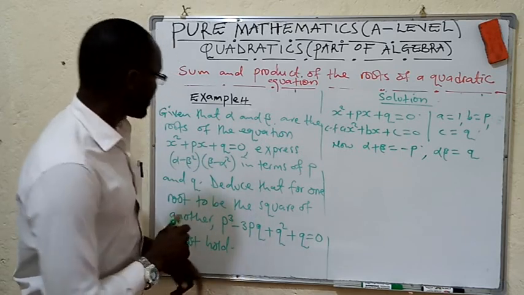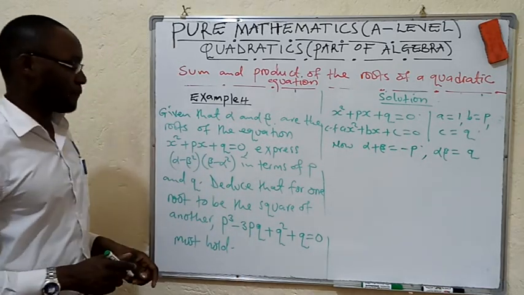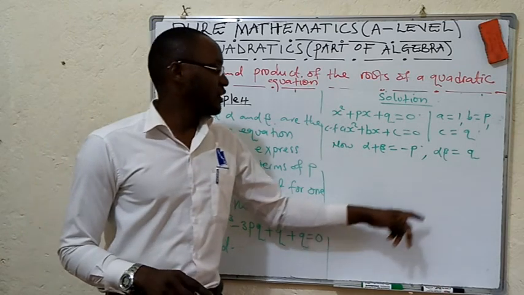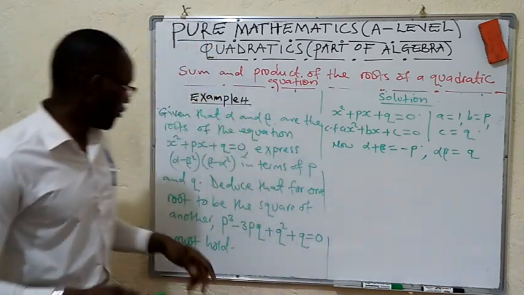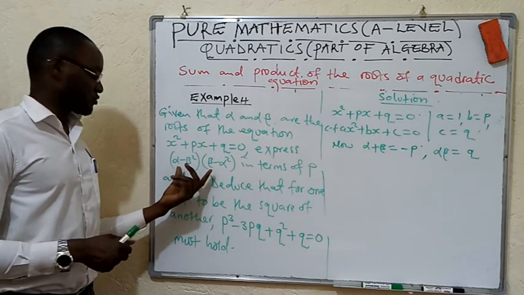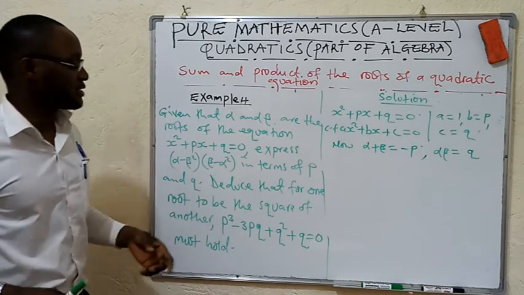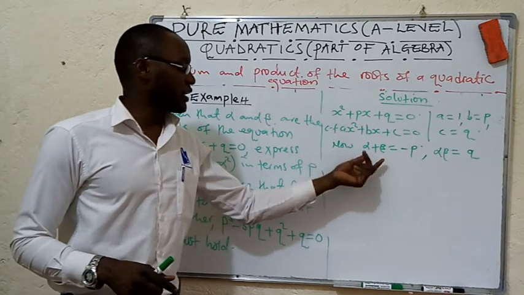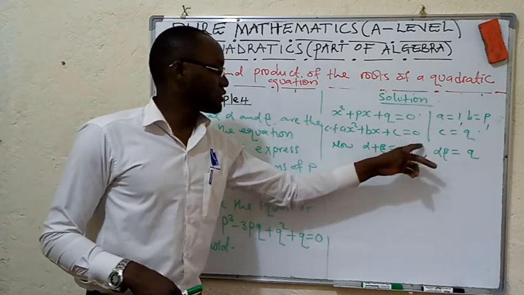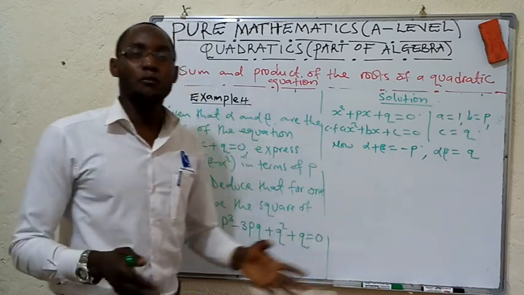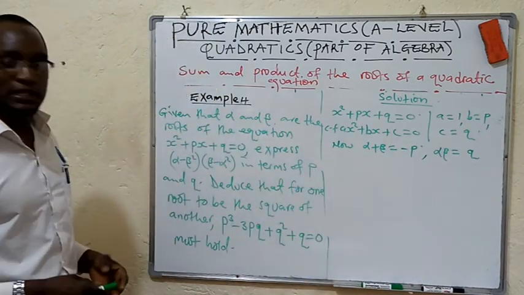So what does the examiner want us to simplify? After getting alpha plus beta and alpha beta in terms of p and q, we try to expand this expression, substitute them with p and q, and obtain the expression required by the examiner.